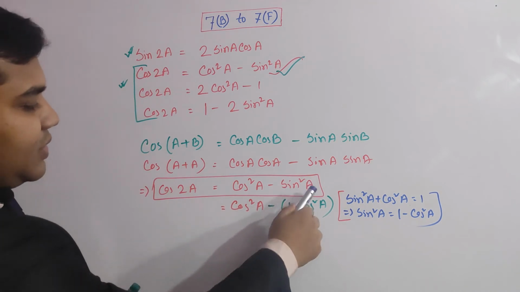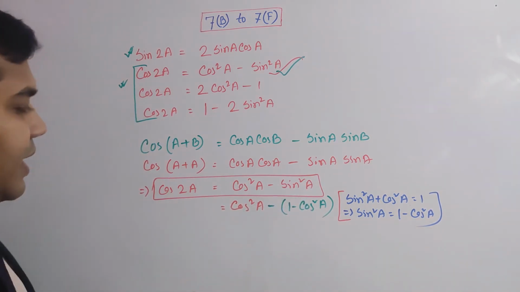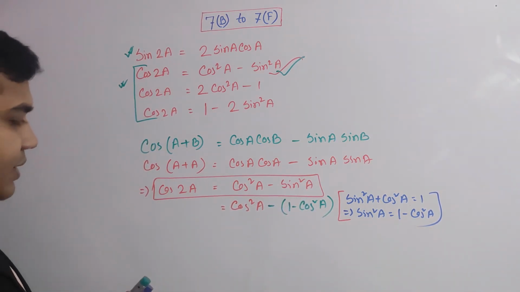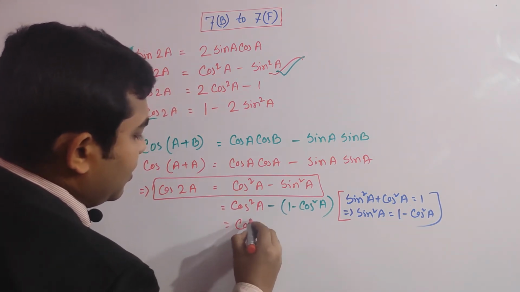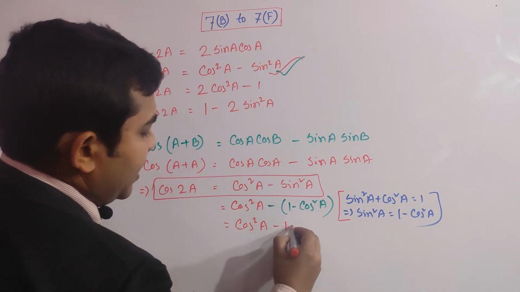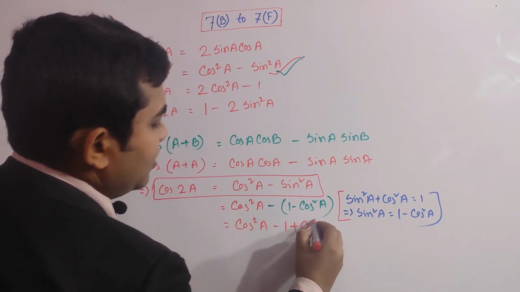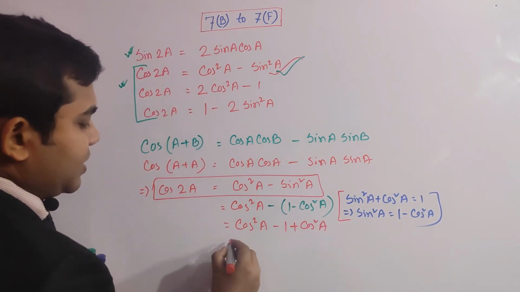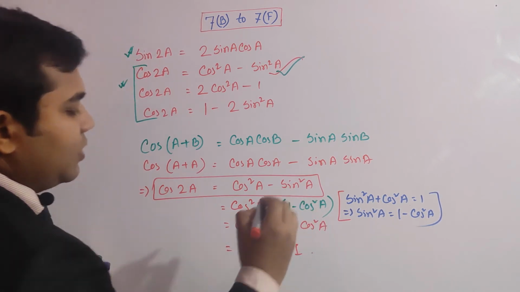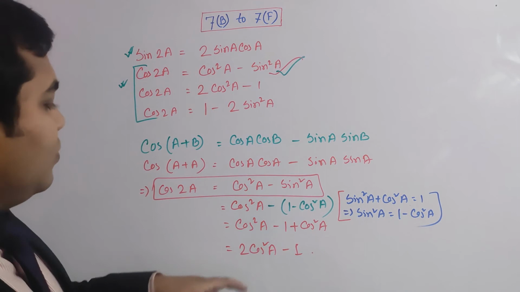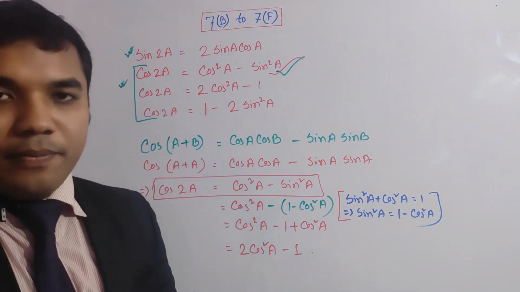So sin square a should be 1 minus cos square a. Then just calculate, then what will you get? Cos square a minus 1 plus cos square a. So cos square a plus cos square a equals 2 cos square a, and we get 2 cos square a minus 1.